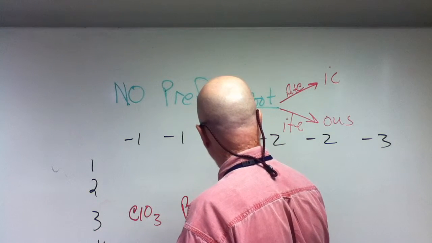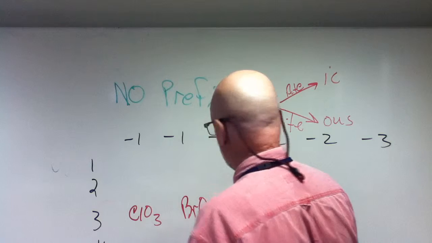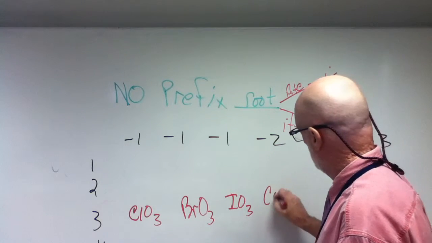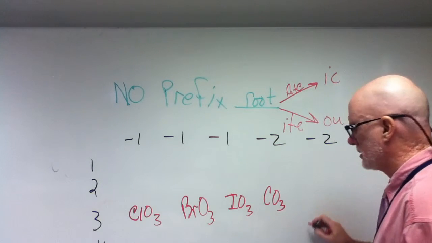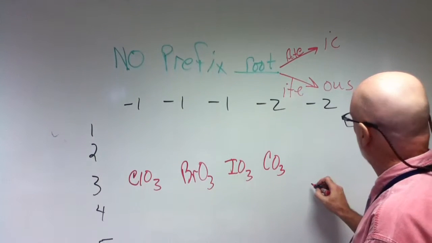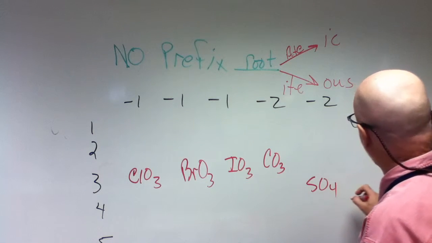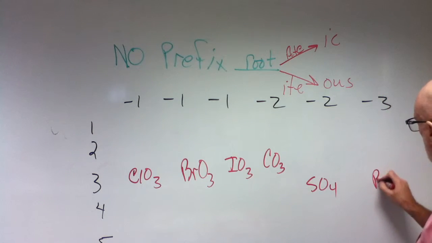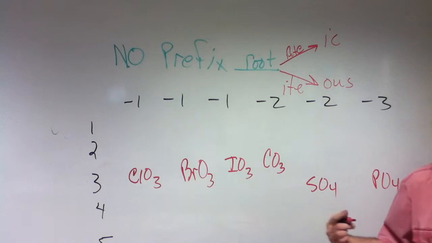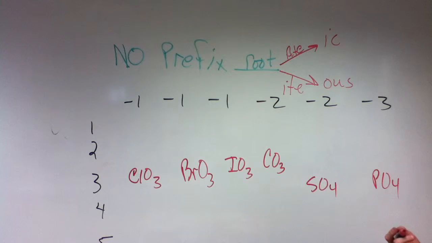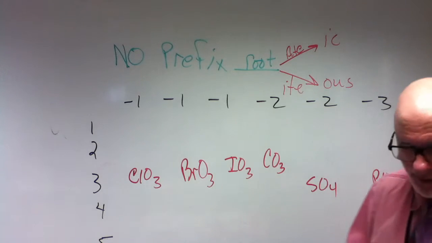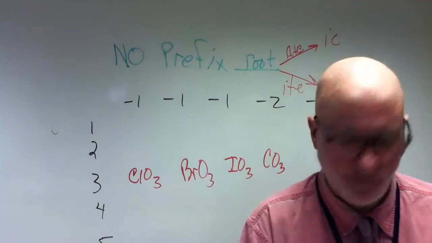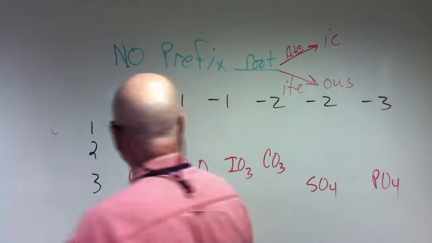I know iodate. I know carbonate. I know sulfate. I know phosphate. Right? You get that? Okay. Now you fill it in. Now fill in the chart. Everybody, come on, fill in the chart.